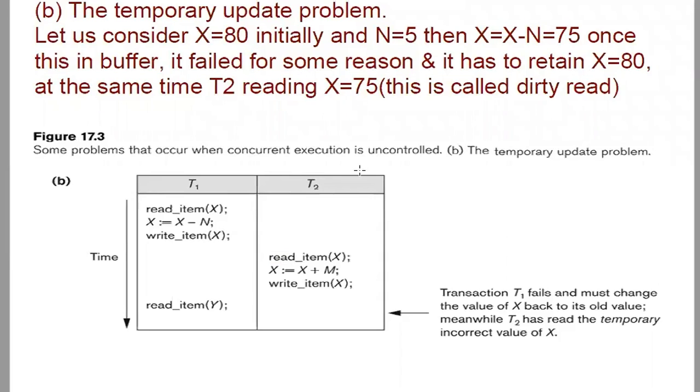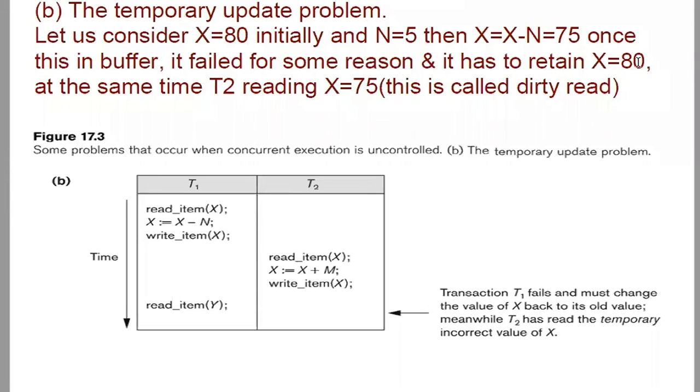But here the value is not actually reverted. So x equal to 80, n equal to 5, then x minus n equal to 75, right? Once the 75 value is in the buffer, if it fails for some reason, it has to return to x equal to 80. That is what I told you.